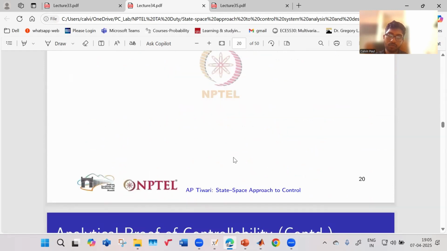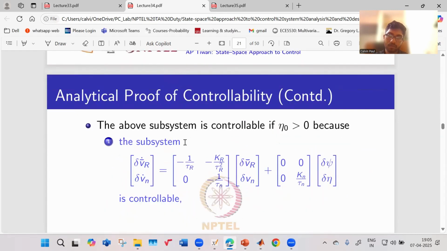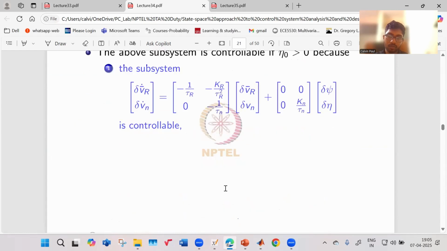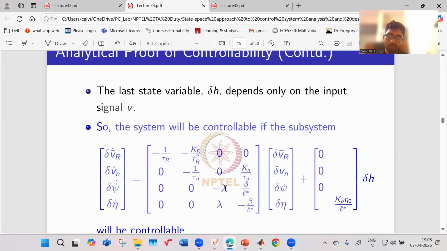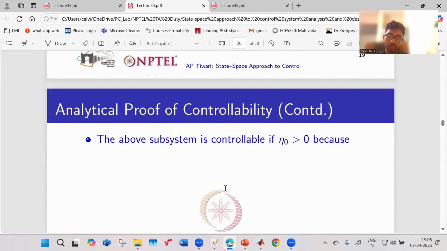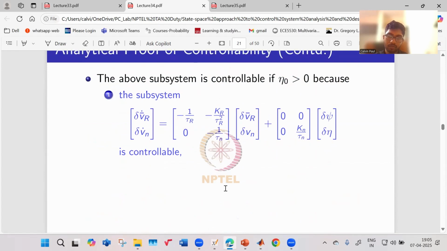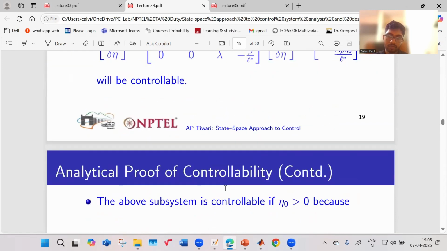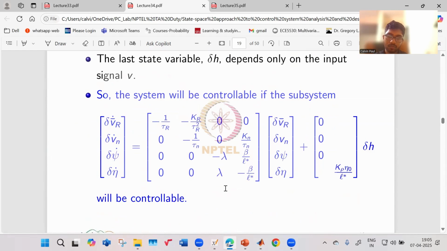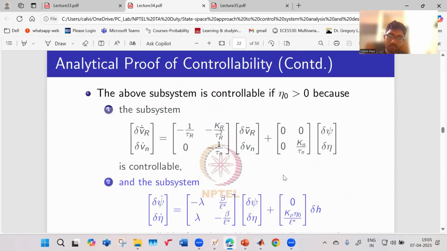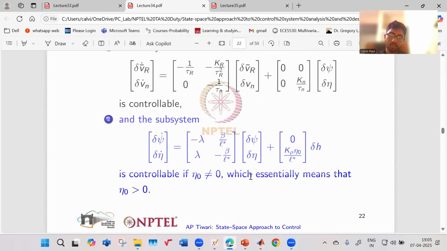So this system is controllable. The subsystem also is controllable.